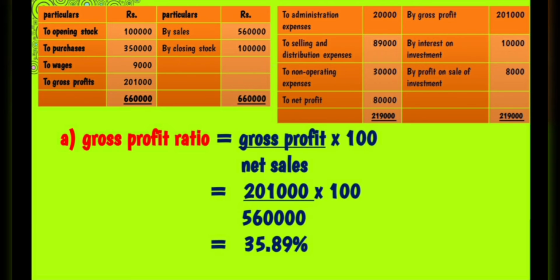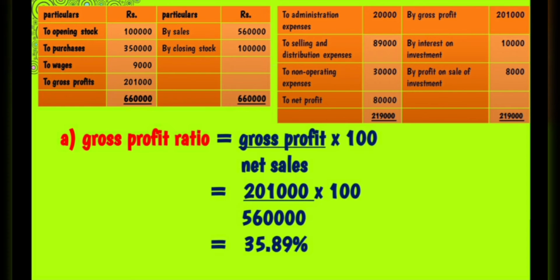First, analyze the question. What is given? Particulars, rupees. Opening stock is 1 lakh. Purchases 3,50,000. Wages 9,000. Gross profit 2,00,000. Sales 5,60,000. Closing stock 10 lakh. The question is given in the format of a trading and profit and loss account.